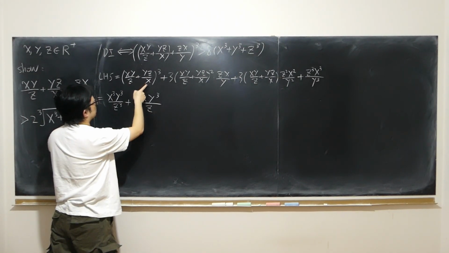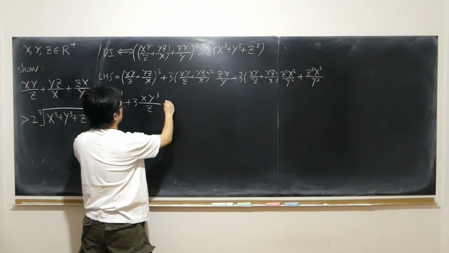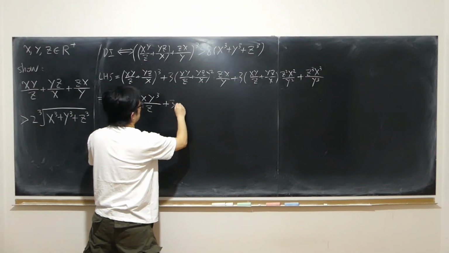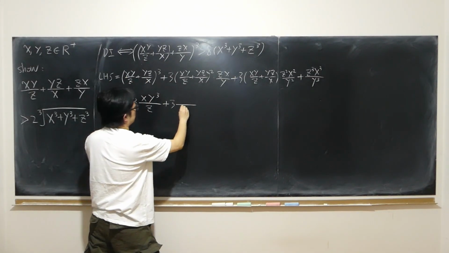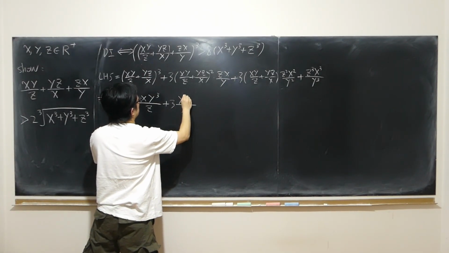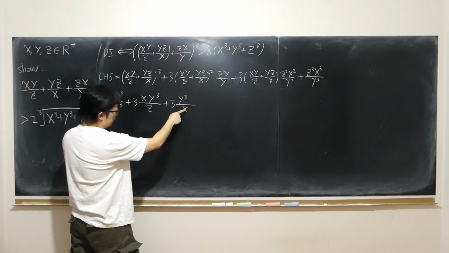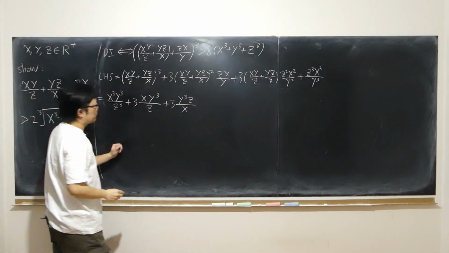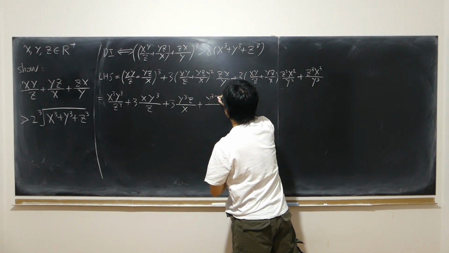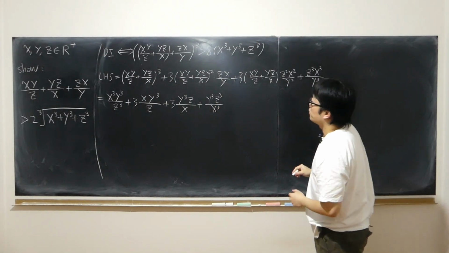There's no more x down here, so this is all good. And plus 3 times this square, x squared simplifies with this x, y squared times y is y cubed. Z squared simplifies with this z, so no more z down here, so only one z up here. Plus y cubed z cubed over x cubed. That's the first term.